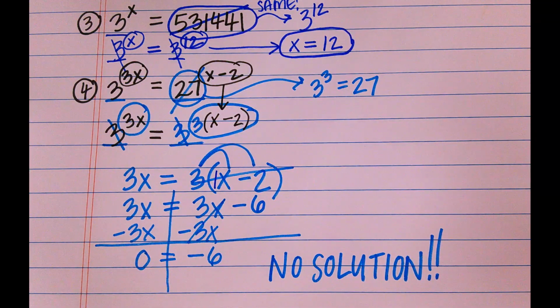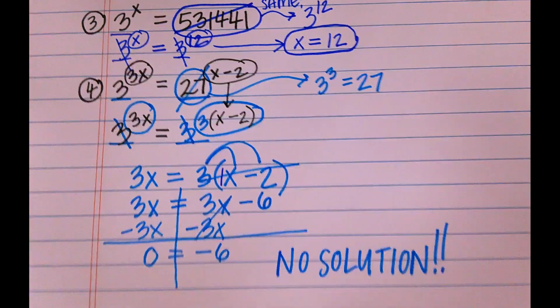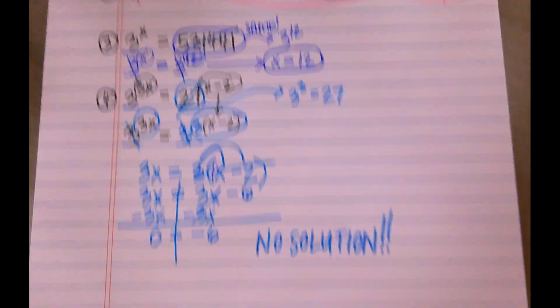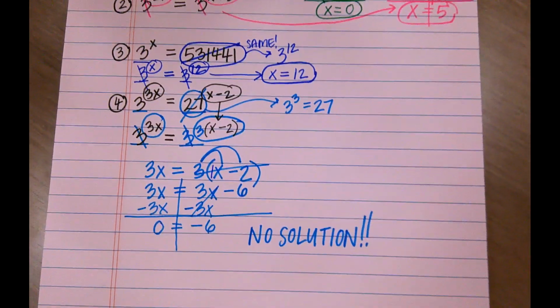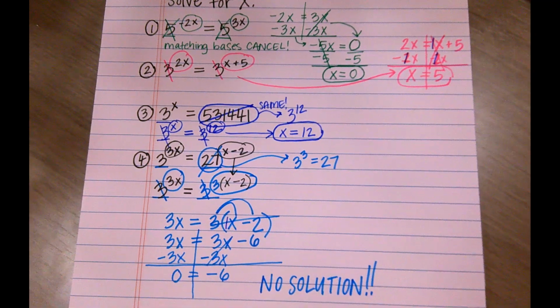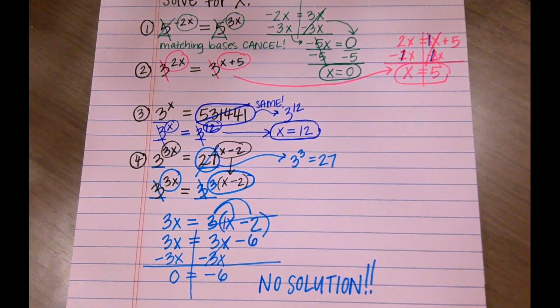So now you guys know what to do when you've got all kinds of extra crazy stuff in the exponent. Let me give you guys a few things after this. I'm gonna pause this recording. I think we should take some notes on the no solution. Yes, we can absolutely do that.